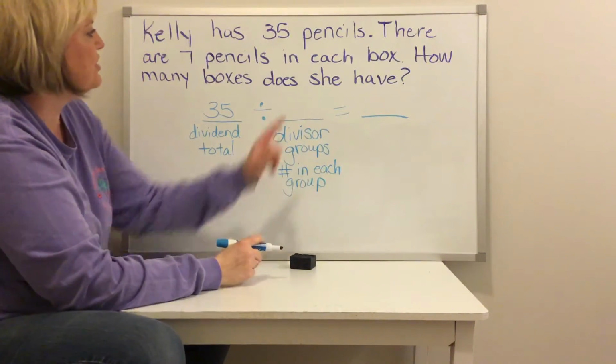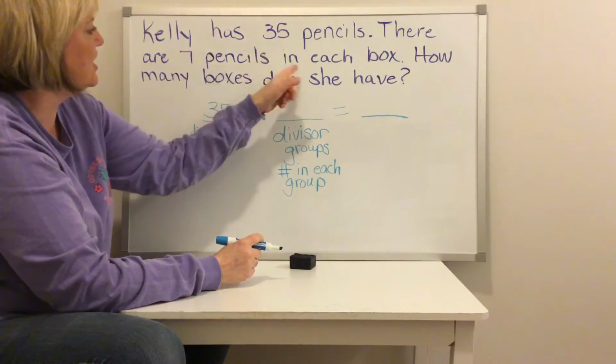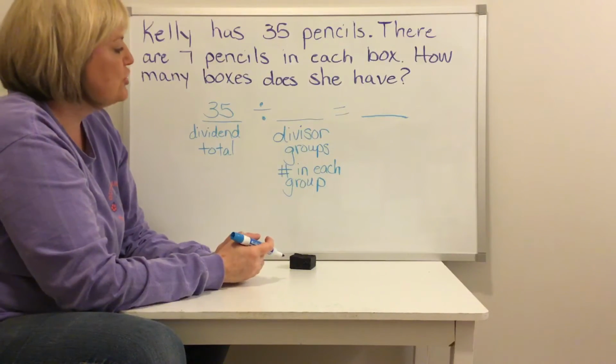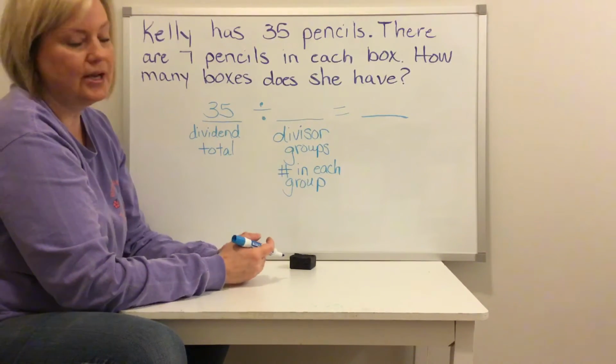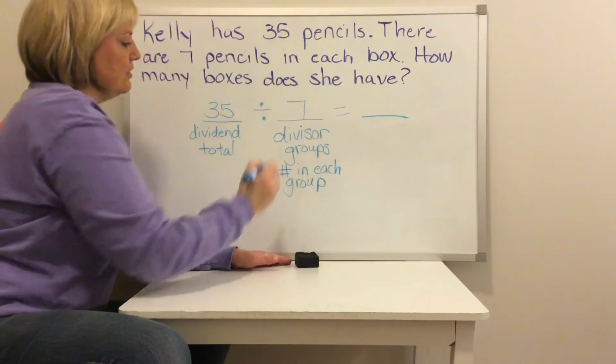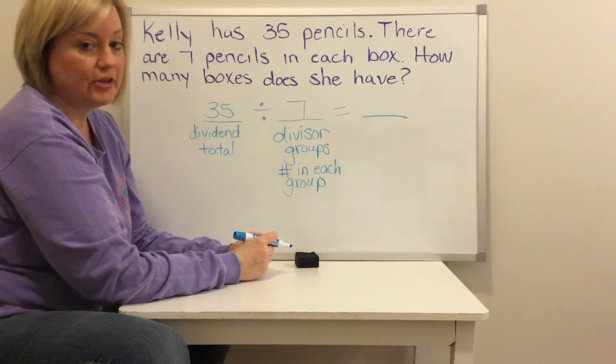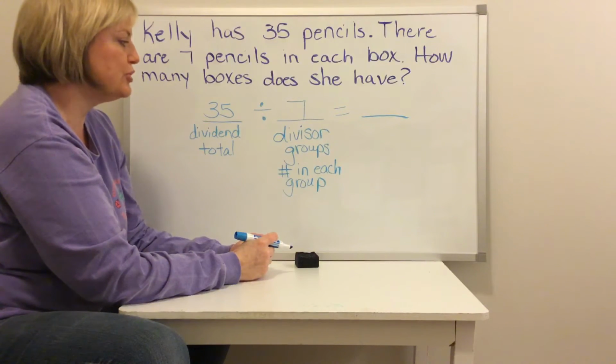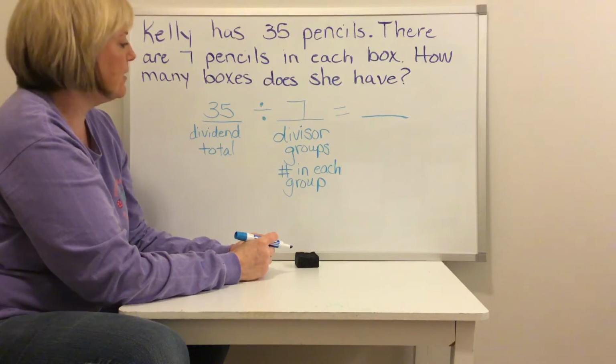And here it tells us there are 7 pencils in each box. So we know how many we're putting in each group, and that is 7. So what we're trying to figure out is how many groups we're going to make.